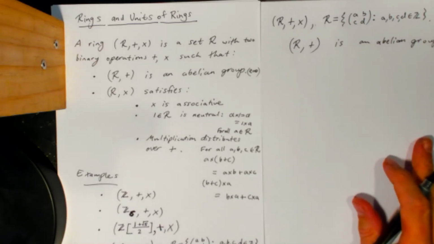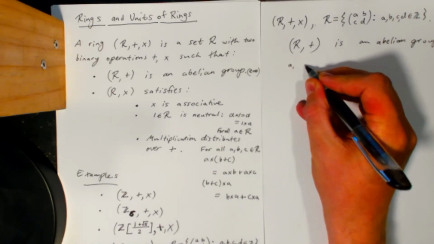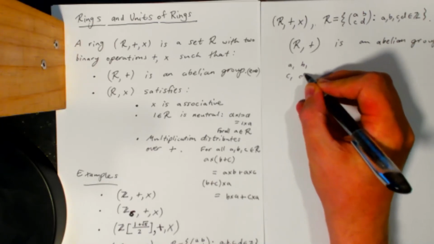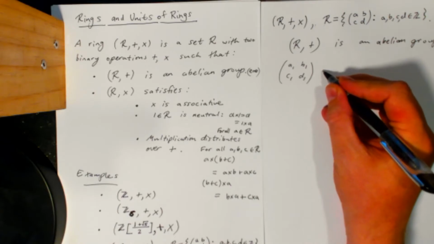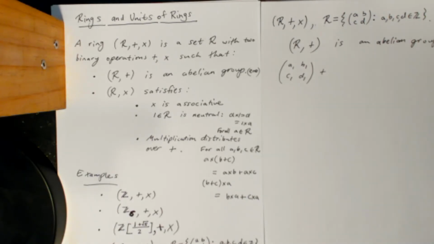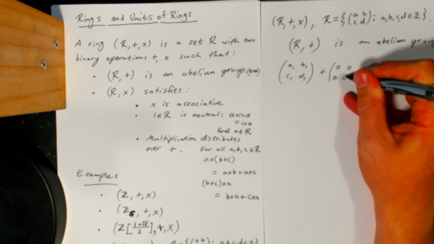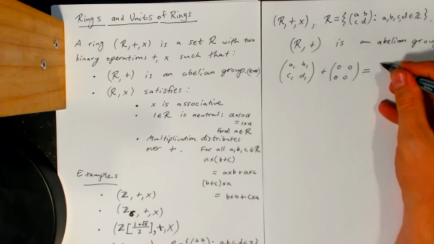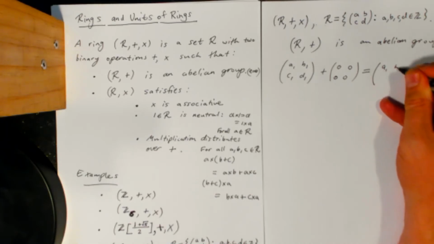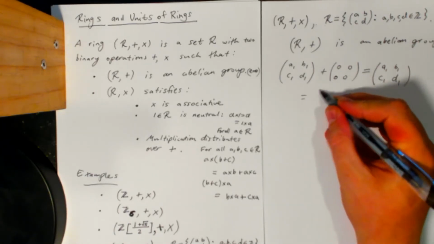Because we have, say, (A1, B1, C1, D1) plus our neutral element E, which is (0, 0, 0, 0). And this is the same the other way around.